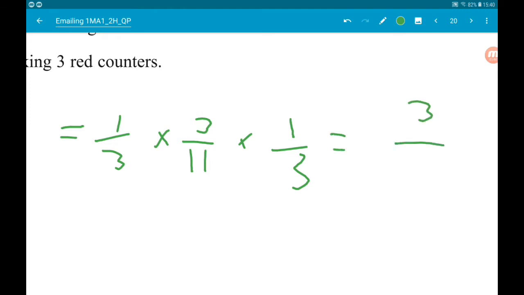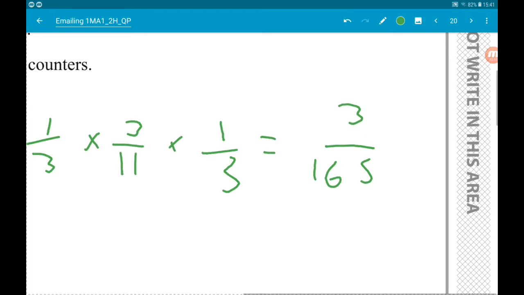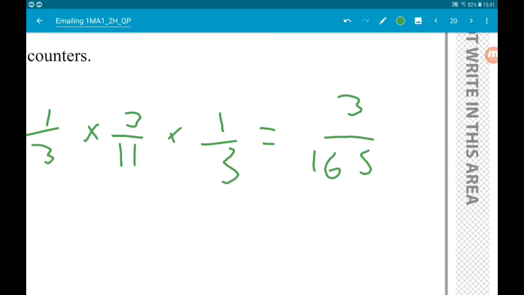And on the bottom, 3 times 11 times 5 is 33 times 5, it's 165. That then has a common factor. Again, your calculator can do this. That has a common factor of 3, so it's 1/55.